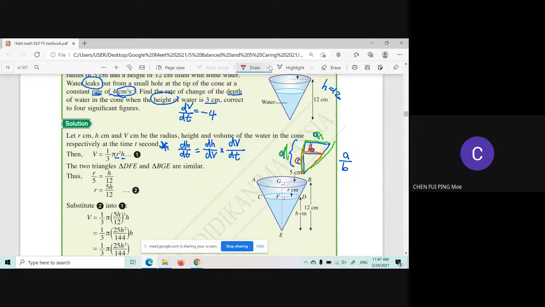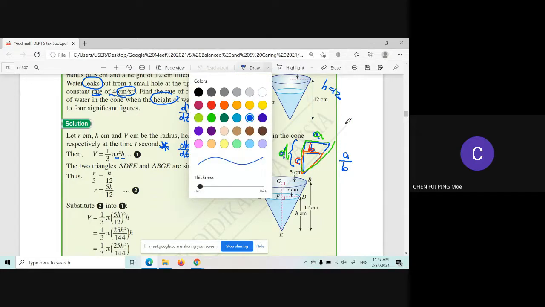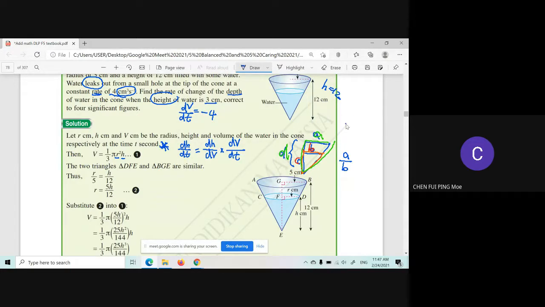So we can make one ratio formula like this: A over B equals D over C. The base of the green triangle divided by the base of the red triangle equals the height of the green triangle divided by the height of the red triangle. So we use a ratio like this to relate.